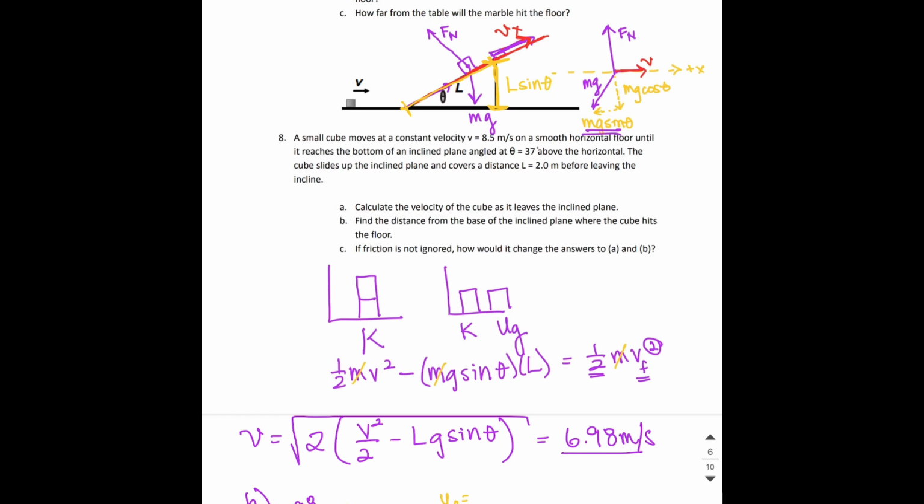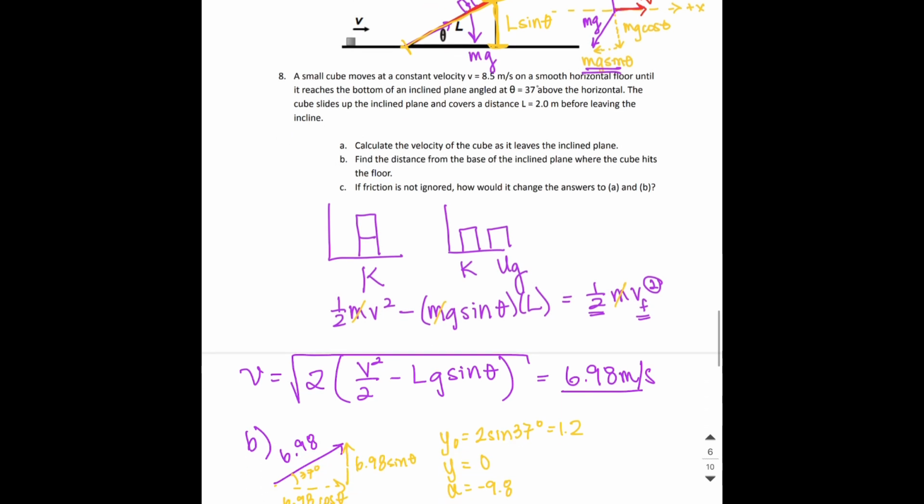So my y naught is 2 sine of 37 degrees, which gives me 1.2. My final position is 0 because I want it to land on the floor. My acceleration is negative 9.8. And my initial velocity is going to be 6.98 sine of 37, which is 4.2. So this is 4.2 meters per second.